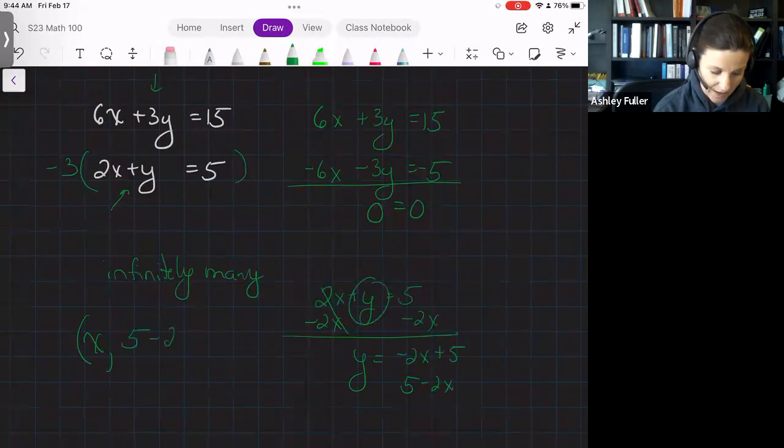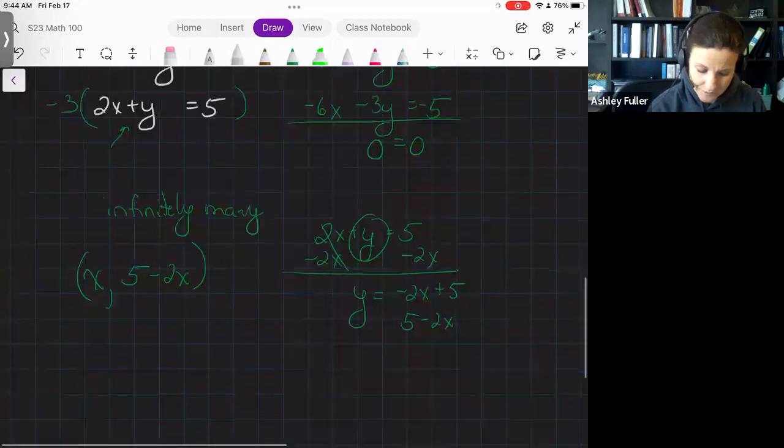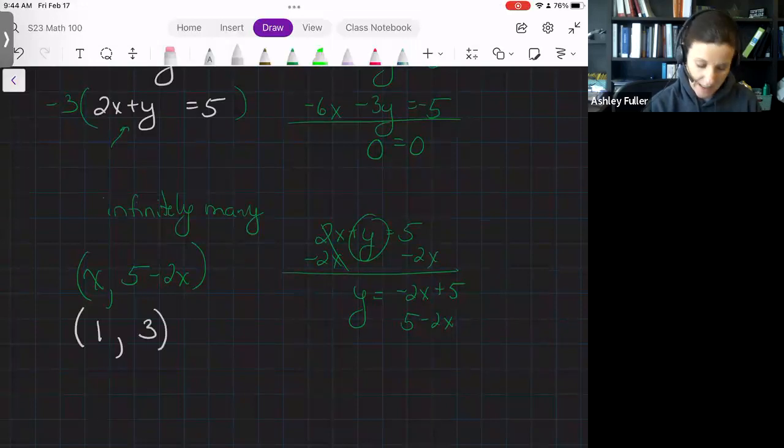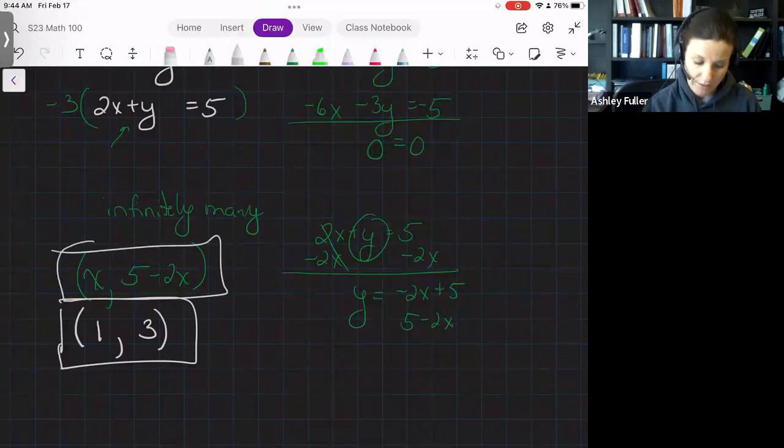I'm going to write it as 5 minus 2x. And what this means is any x you give me, I can find the y that will work. For example, if I choose x to be 1, then y will be 5 minus 2, which is 3. This is one of infinitely many solutions that will work. So this is the generic solution that will work for any x.